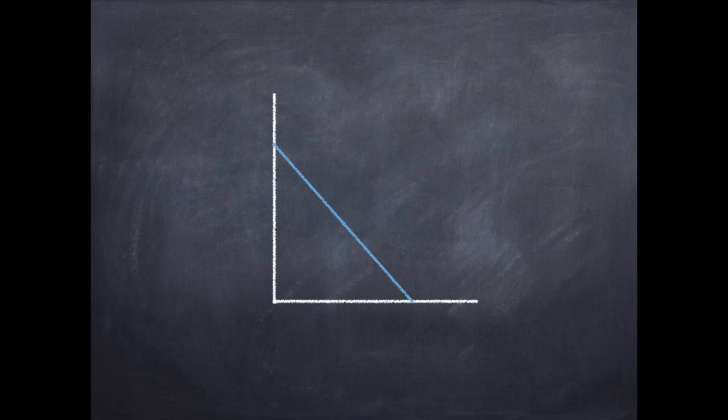We've seen something very similar to it with almost every marginal graph we've looked at in AP Economics, but this one is going to be for the marginal product, which is going to be your Q output and your Q input.